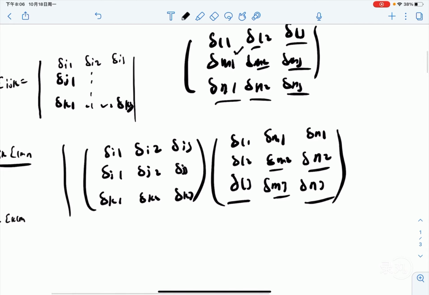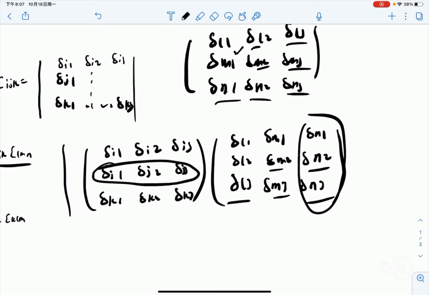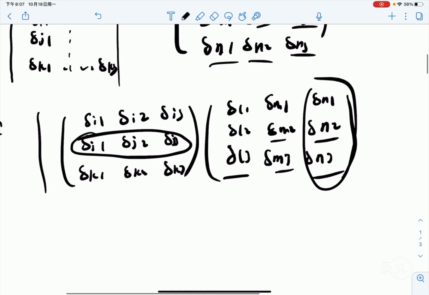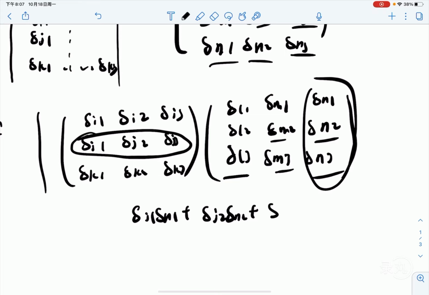So if we take a look at just this stuff, what is it going to be equal to? When you multiply it, it is actually equal to J1 N1 plus J2 N2 plus J3 N3.